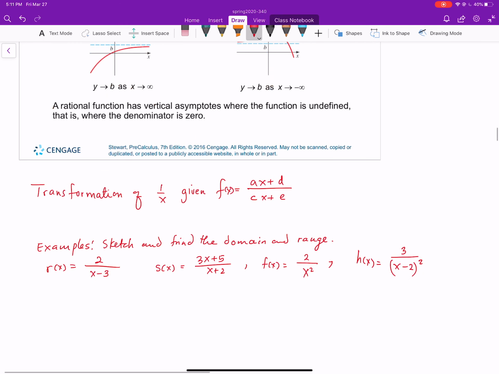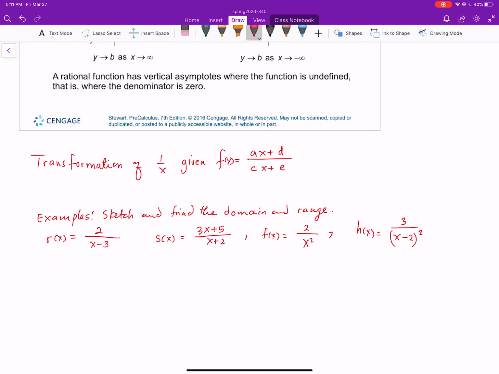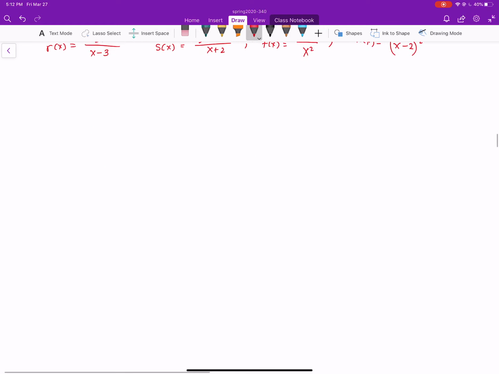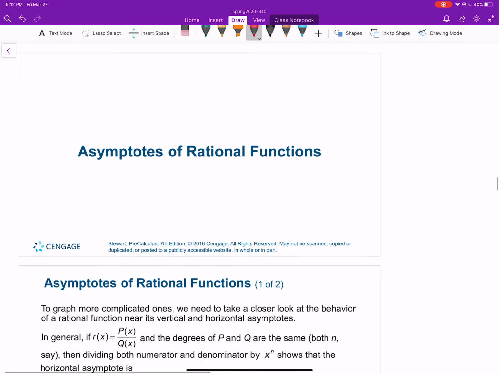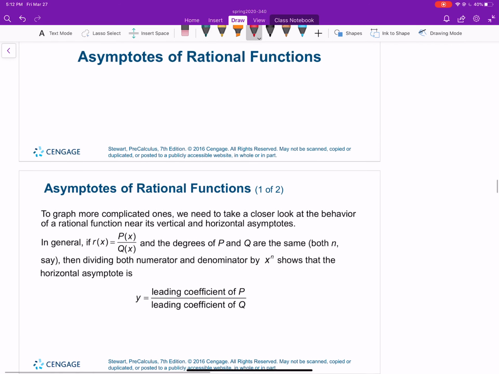Look at some examples of transformations that we looked at in our homework. Hopefully you're able to get that, but if you still need some refresher, hopefully this series of exercises will help you.